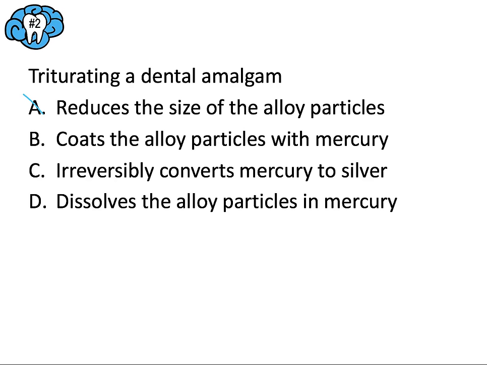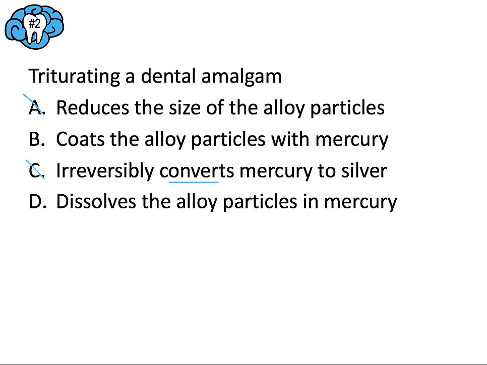Now, if we're looking at answer choice C, it's true that the reaction is irreversible, but mercury is not converted to silver. Both of them are present in the amalgam formulation according to Ames ratio. We have a 1-to-1 ratio between the elemental mercury and the silver alloy.